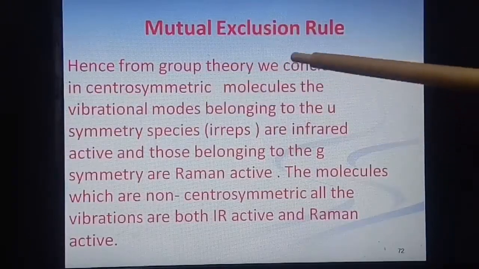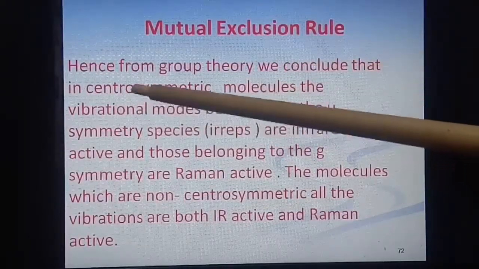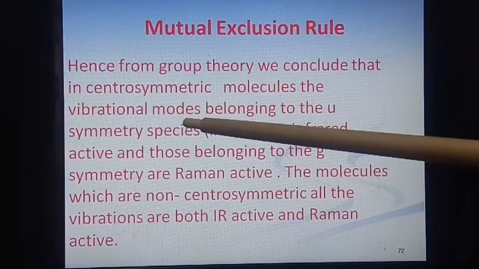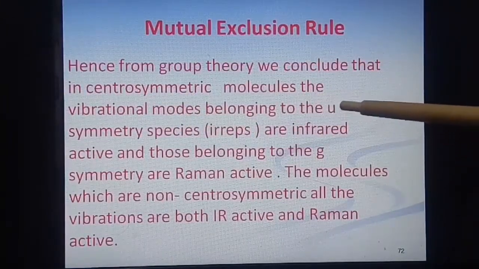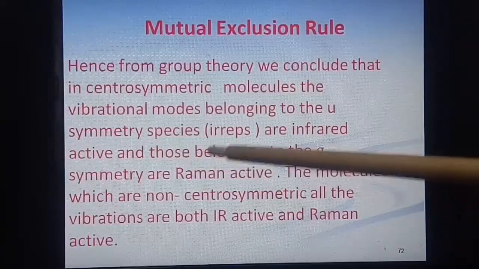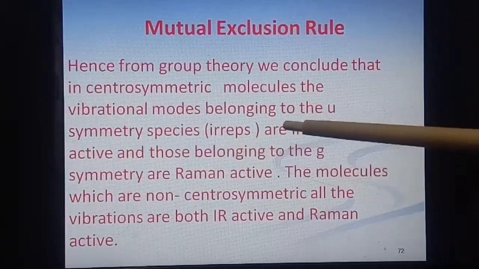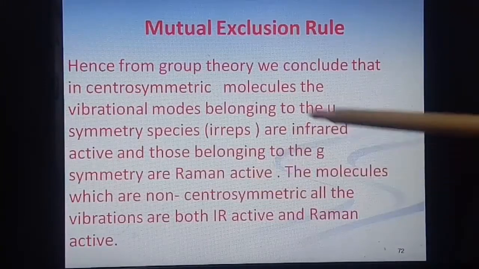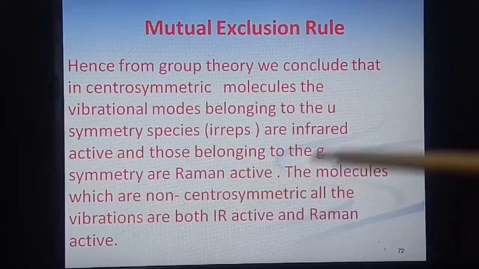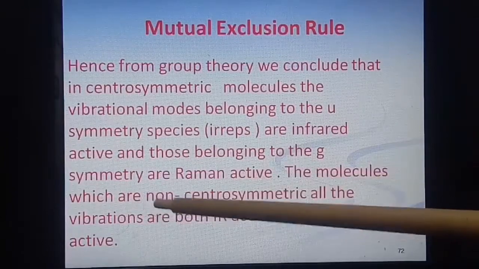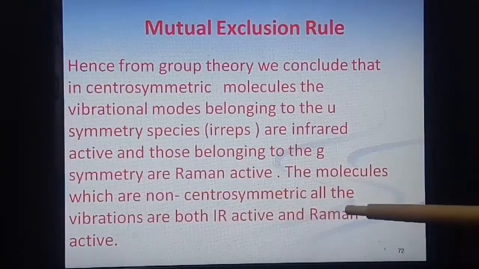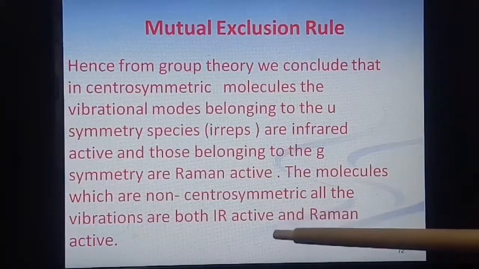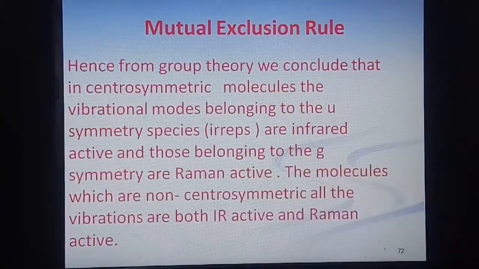Hence, from group theory, we conclude that in centrosymmetric molecules, vibration modes belonging to the u symmetry species are infrared active, and those belonging to g symmetry are Raman active. For non-centrosymmetric molecules, all the vibrations can be both IR active and Raman active.